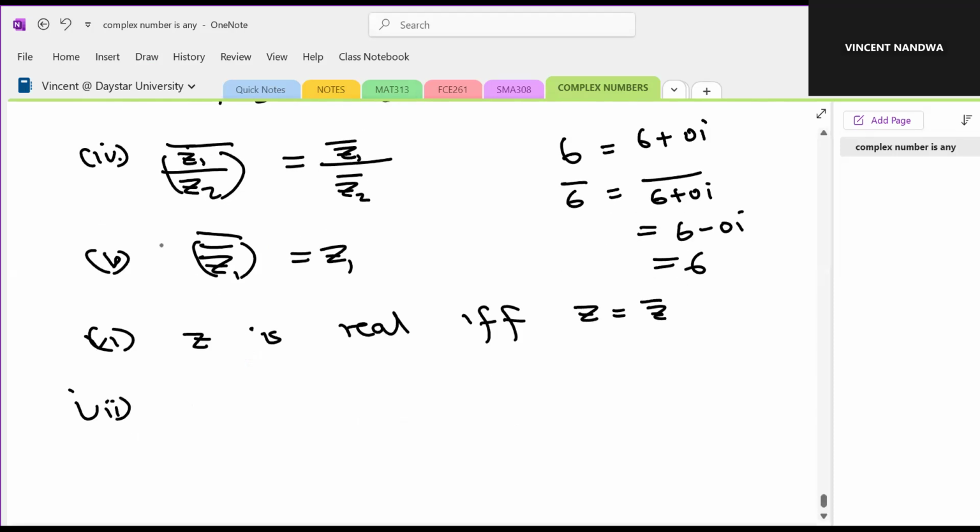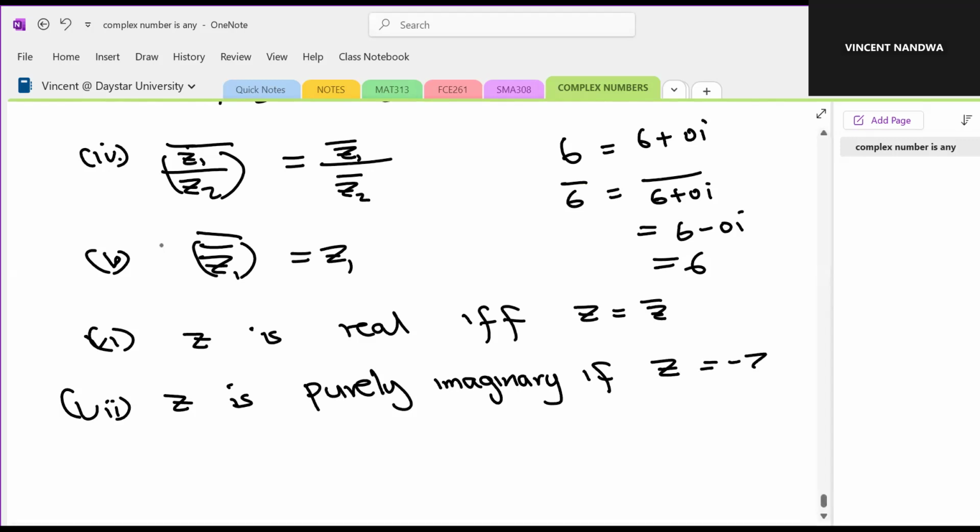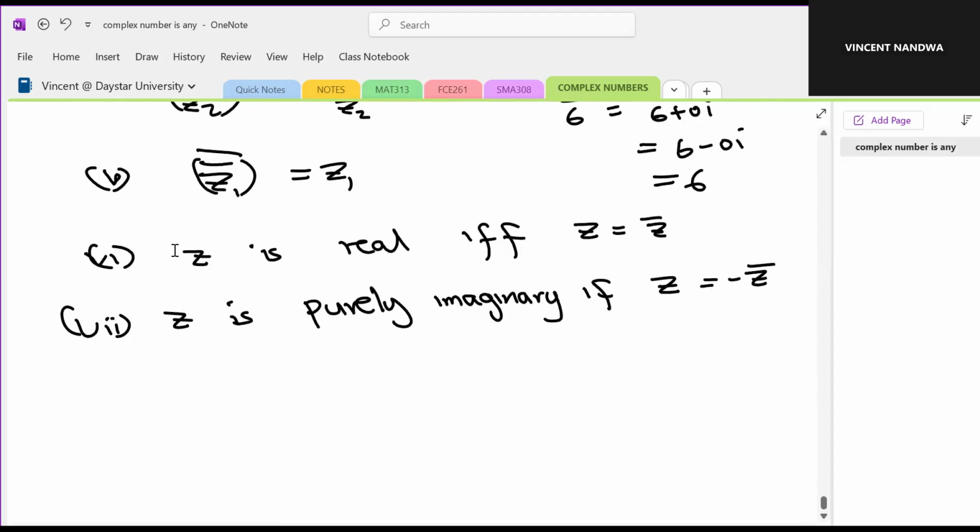Number 7, Z is purely imaginary if Z is the same as negative conjugate of Z. You see, for example, a number like minus 2i can be written as 0 minus 2i.